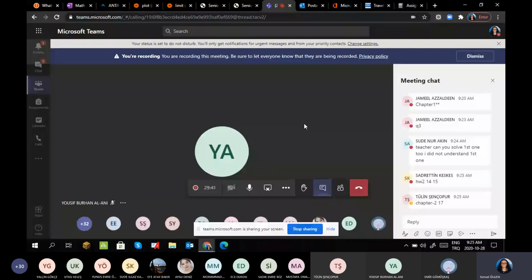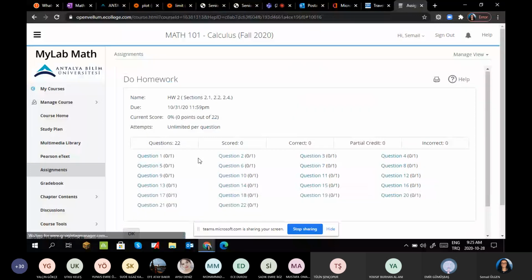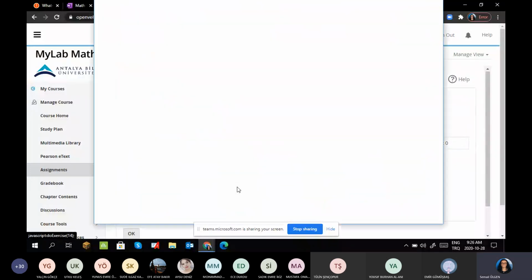Homework 2, 14, 15, chapter 2, 17. Tülin, which section? Homework 2, you mean? Okay. Tülin, homework 2, chapter 17, or homework 3? Okay, good. All right, let's do those. 14, 15, let's do that.